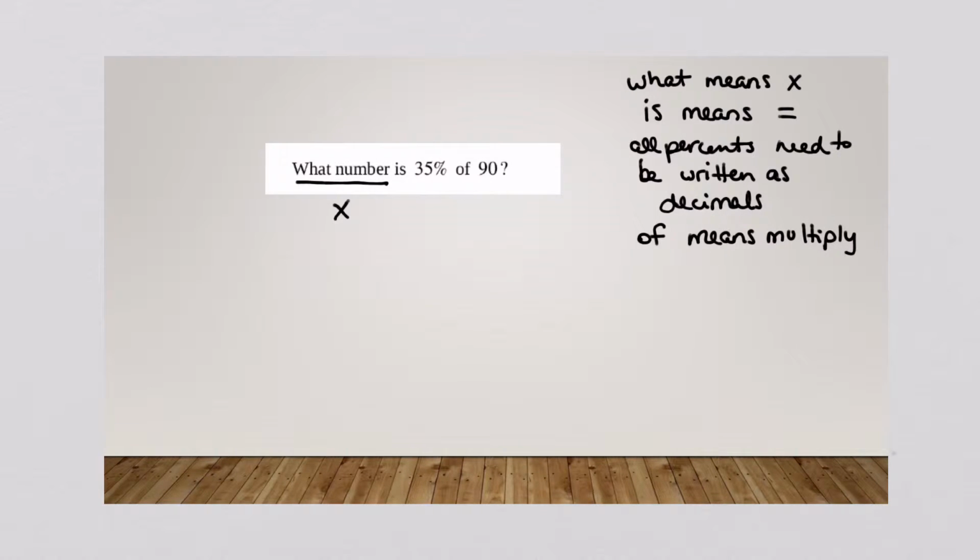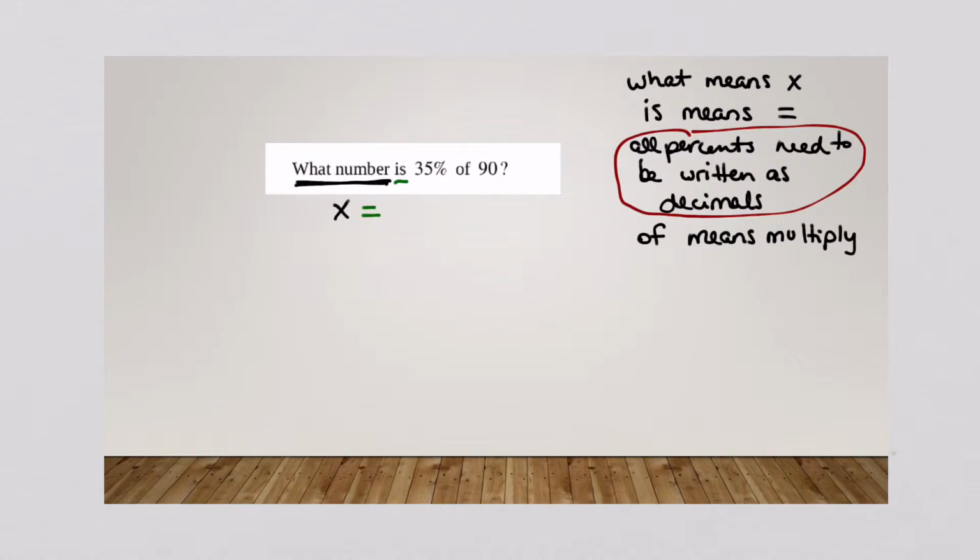Okay, so anytime you are reading these, you need to write them in the order that you read them. So, what number means x. The word is means equals. 35%, remember all percents need to be written as decimals.